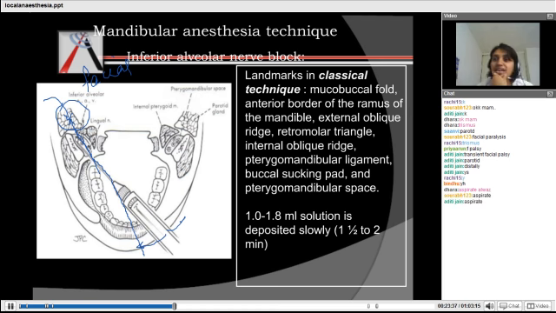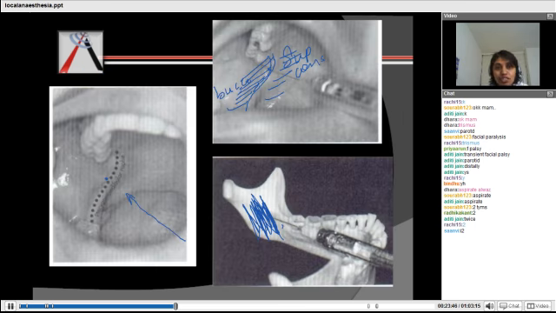How many times do you aspirate? We do a two plane aspiration actually. It's not just 2 times, it's a 2 plane aspiration. This is the bevel of your needle; you aspirate, then turn it through a 90-degree angle and aspirate again. That is a 2 plane aspiration that you do to avoid the injection.